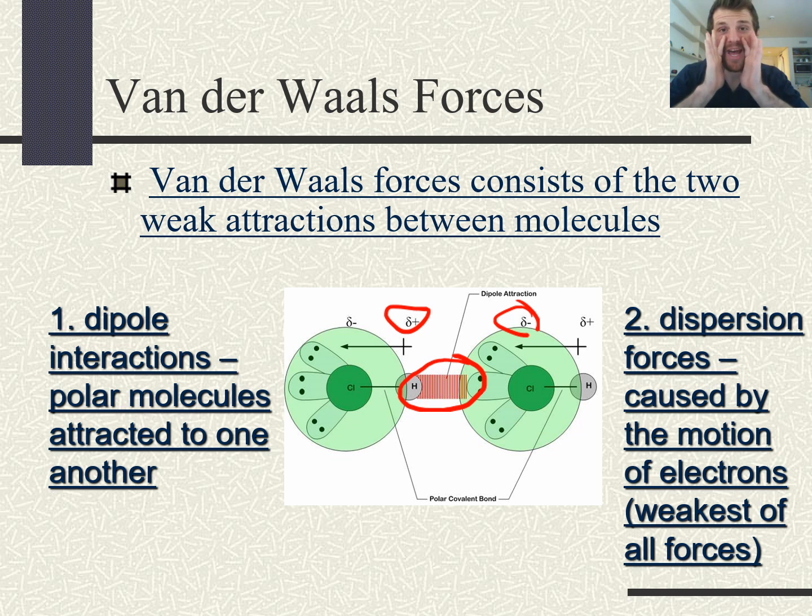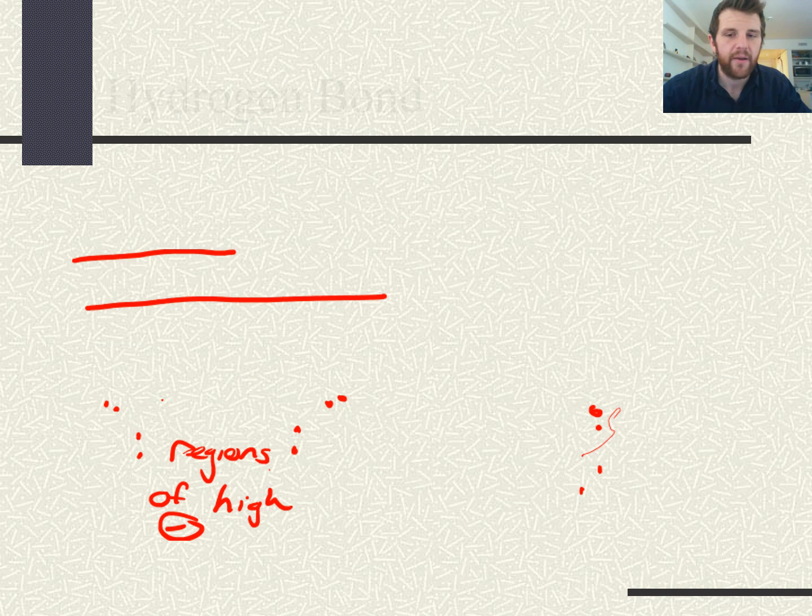Don't forget that, okay? Very important. So when I ask you what the intermolecular forces are that are interacting within these two things, the first thing you always write is dispersion forces. Everything has dispersion forces. Then you can look at whether it's a dipole or if it has hydrogen bonds as well.